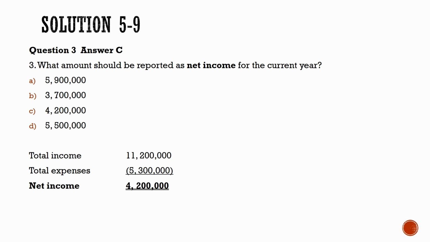We have here 5,300,000, the total expenses which will be deducted from the total income before tax na 11,200,000 to get the 5,900,000. Then subtract the total income tax expense which was given already in the problem amounting to 1,700,000. And now we have a net income of 4,200,000 which was in letter C.